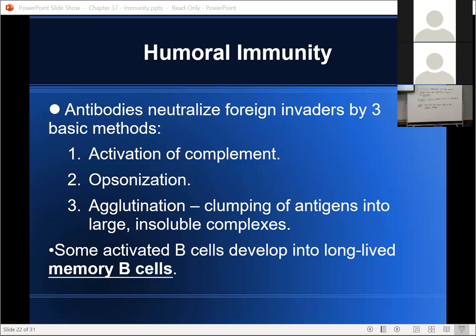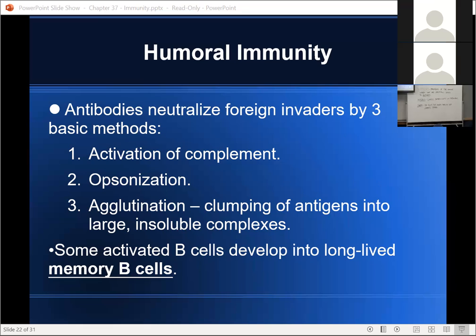But they do encounter antigen in the lymph nodes and the secondary lymphatic tissues, right? Once they encounter those antigens, they can activate, and they're going to start making antibodies against those antigens. Specifically, a B cell is going to differentiate into a plasma cell, and a plasma cell just makes tons and tons and tons of antibodies.